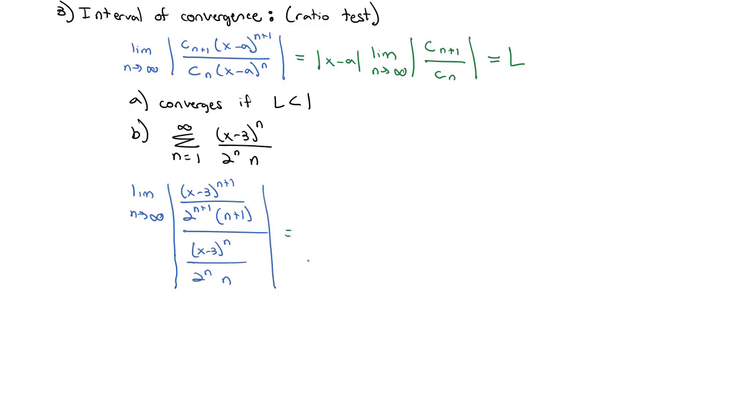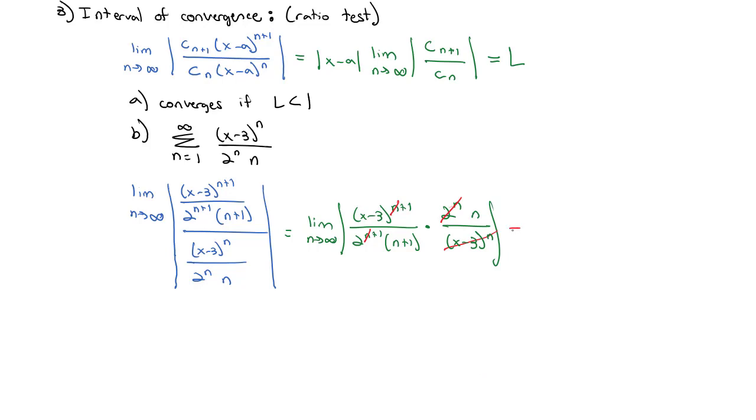Well, we can simplify this division by a fraction by multiplying by the reciprocal. So we've got (x minus 3) to the n plus 1 over 2 to the n plus 1 times n plus 1, times the reciprocal, which is 2 to the n times n over (x minus 3) to the n. And if we look at the (x minus 3) to the n's, we can divide out n of them. And if we look at the 2's, we can divide out n of them.